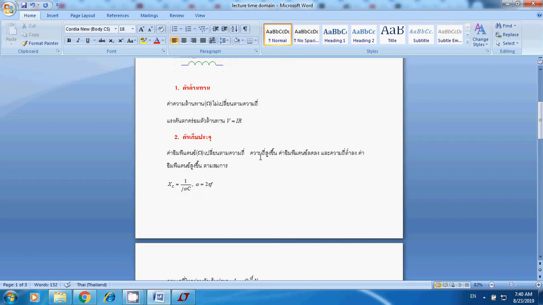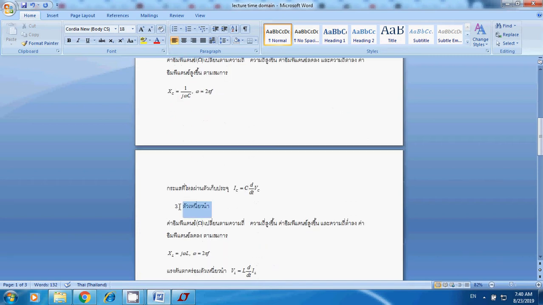The higher the frequency you have, the lower the impedance. But for inductors, the impedance also depends on frequency. The higher the frequency you have, the higher the impedance.